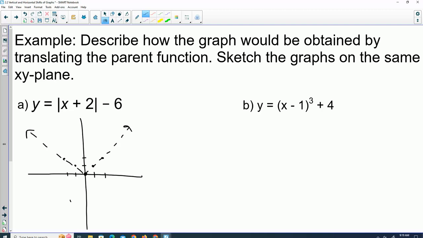Okay, tell me first of all what the transformations would be. So what will this plus 2 do to my graph? Left 2. And what's the minus 6 going to do?